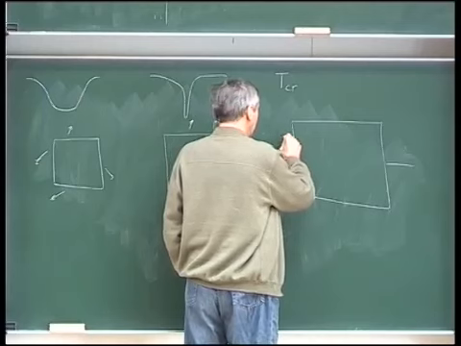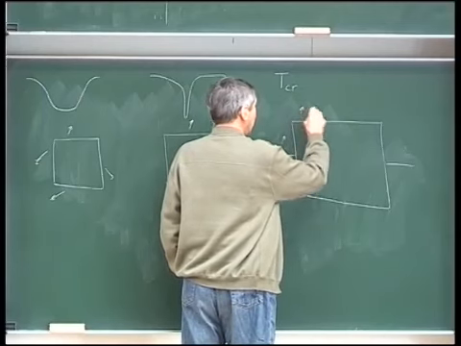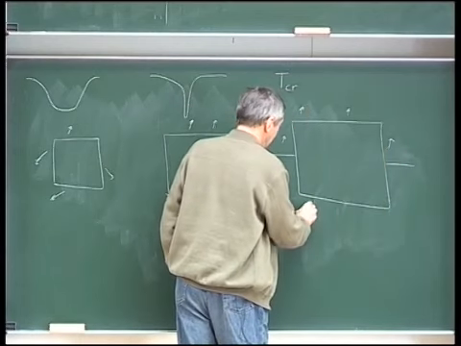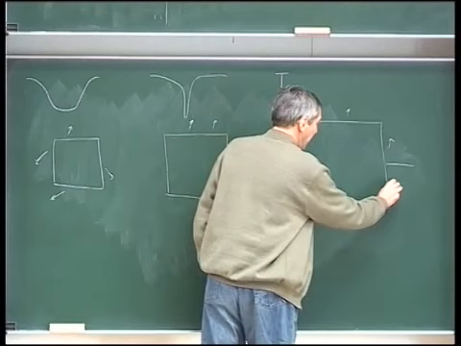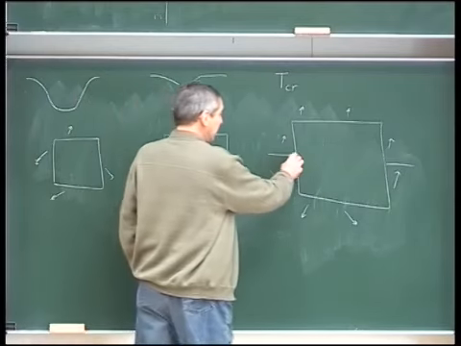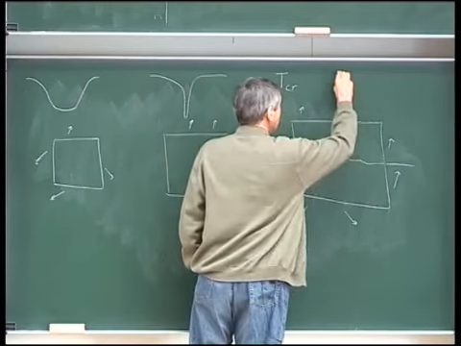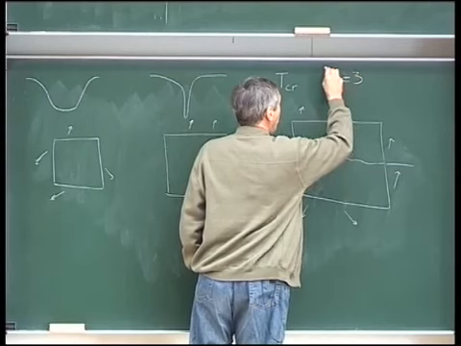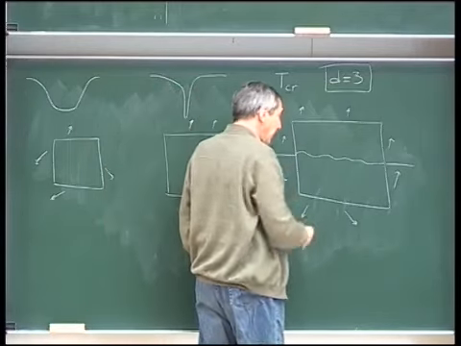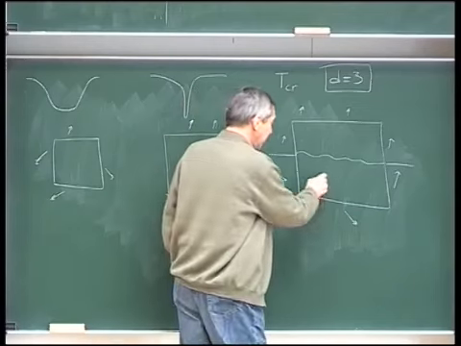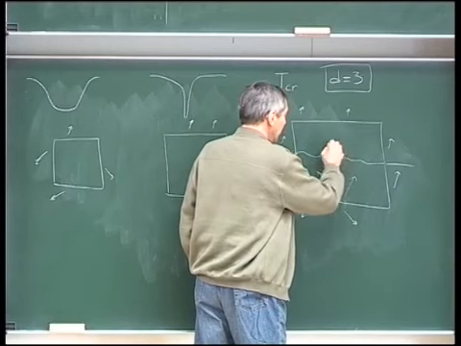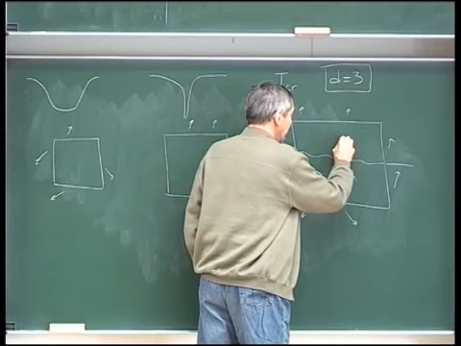You put the ordered boundary condition on the top side, and then you put chaotic on the bottom. Then what you would see would be an interface which separates those two regimes. So here you will see this chaotic phase, and here you will see this ordered phase.